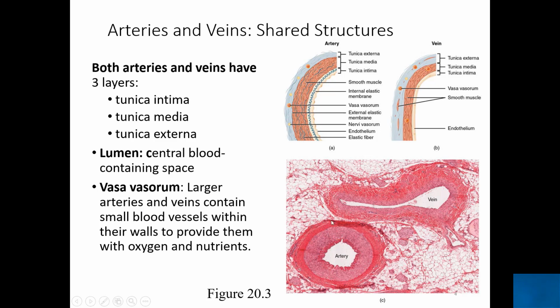Vasa vasorum. Our large arteries and veins, like aorta for example, in their walls have smaller blood vessels that provide their muscles and tissues with oxygen, and those tiny blood vessels are called vasa vasorum.